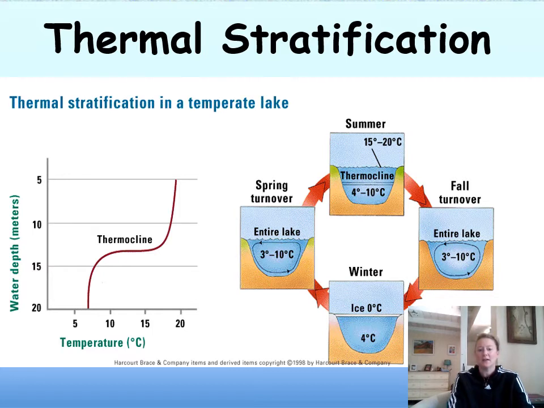In the summer, you get an increased amount of sunlight hitting these lakes. So obviously the top layers get very warm, and that could create a very warm layer and then a thermocline, and then below that very cold temperatures. It could also be temporary, depending upon amounts of sunlight that you get in the biome. So it varies based on location.